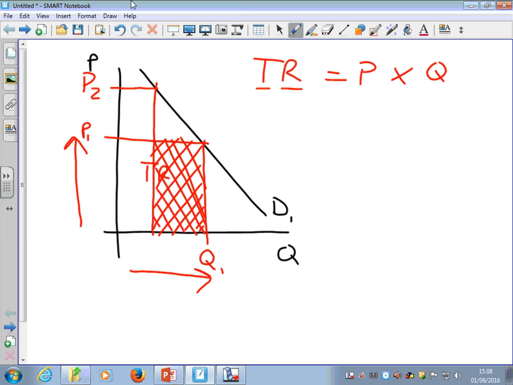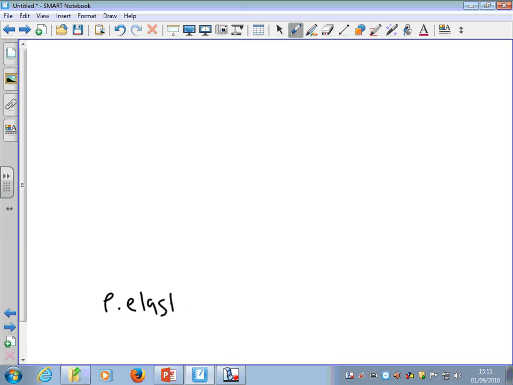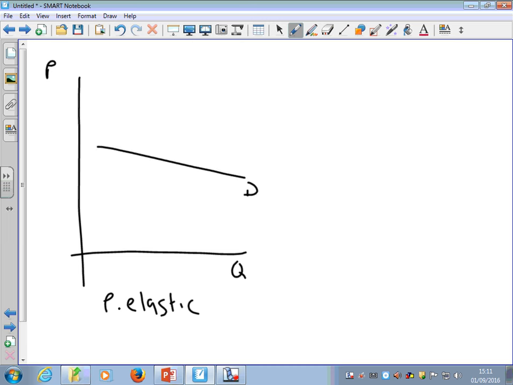Now, if demand was price elastic, what we should remember is that the demand curve is now a horizontal line. Think about what the firm should do now. Imagine they were charging P1 and flogging Q2. Think about what would happen. Remember, that rectangle there is the revenue. If they increase price just a little bit to P2, demand plummets.